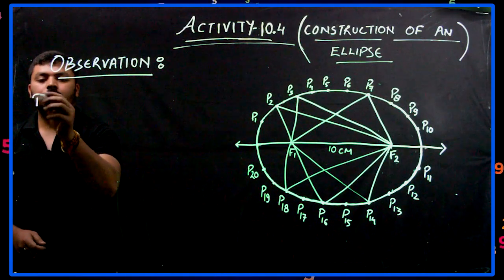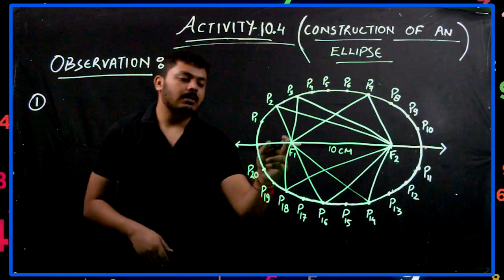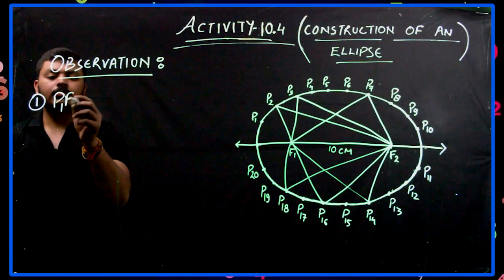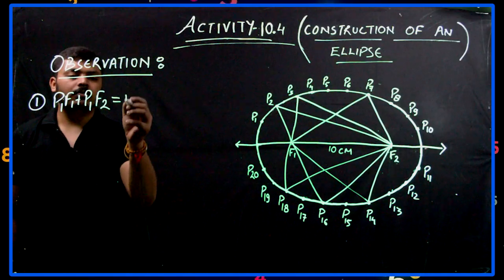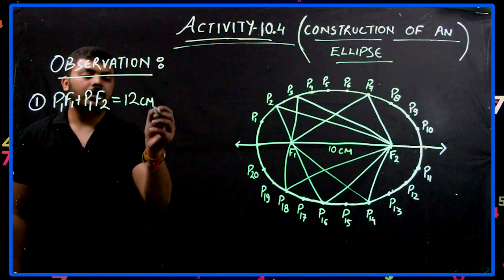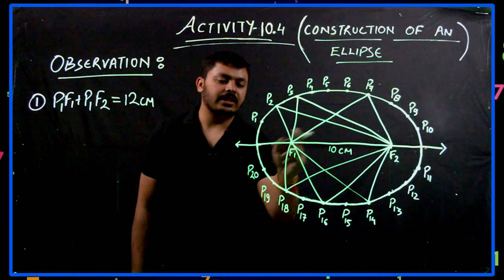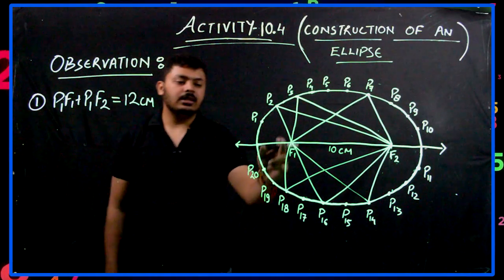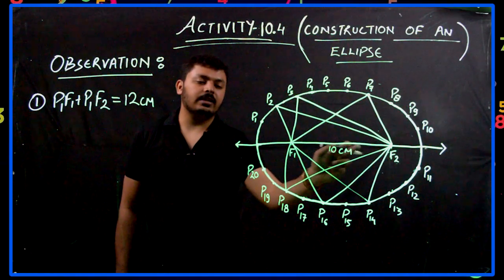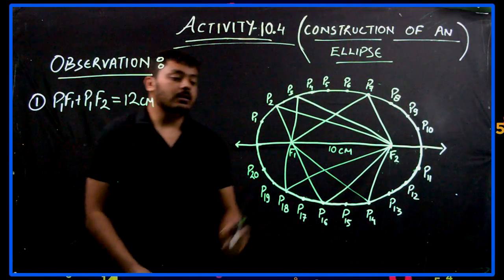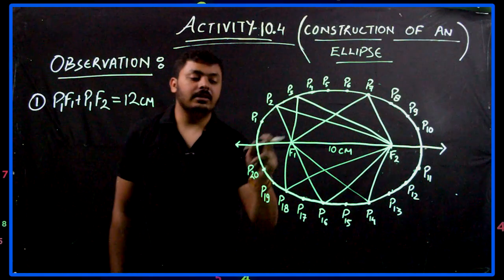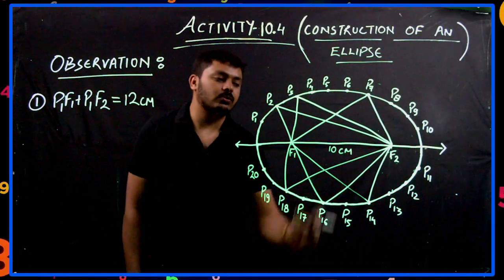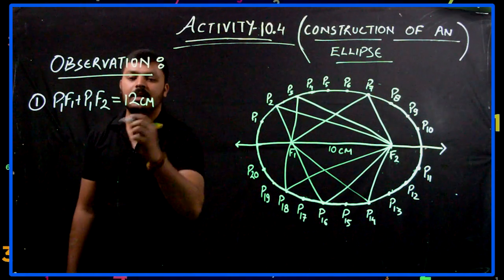First, the length P1 F1 plus P1 F2 equals 12 centimeter. It is the length of the string when we stretch it along the point P1. When we stretch the string along the point P1, we get the sum of the two lines, that is P1 F1 plus P1 F2 equals 12 centimeter, the length of the string.